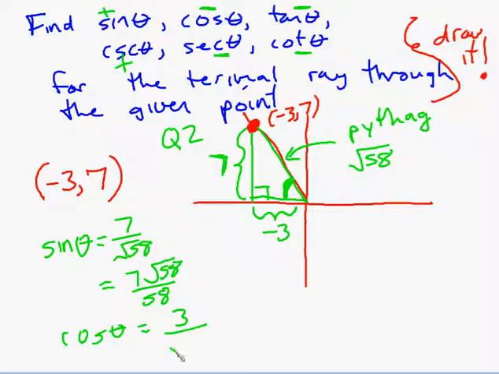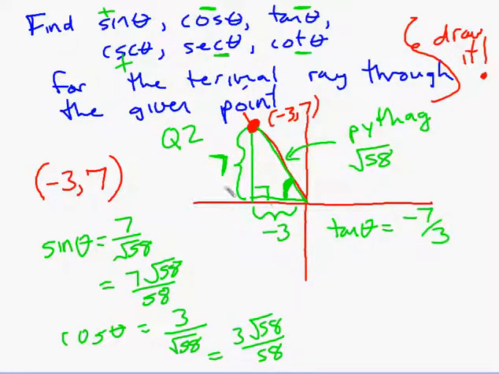So that's 3 over root 58, which becomes 3 root 58 over 58. Now notice I actually do write this first thing because I will need it. Tangent of my angle is going to be negative 7/3, opposite over adjacent. I did move my negative up.